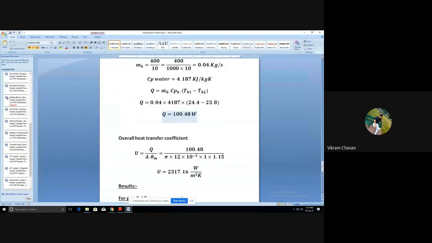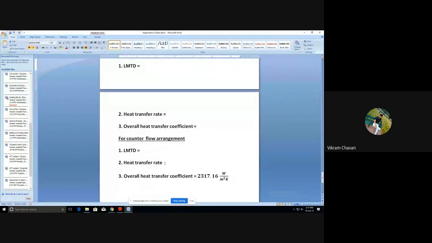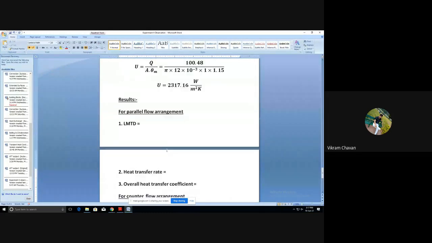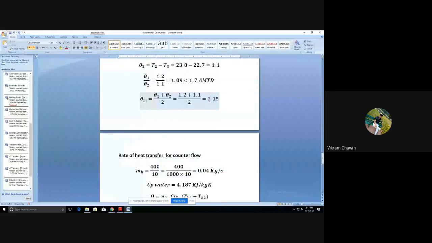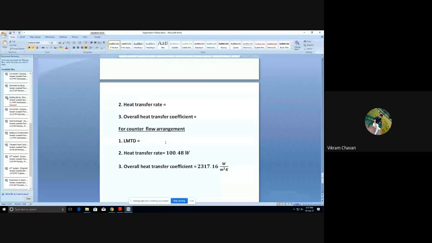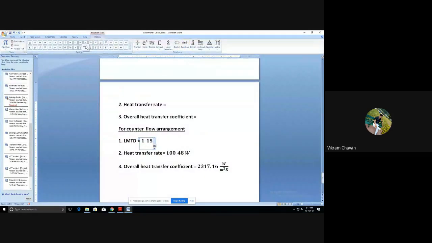Then Q is equal to 100.48, and LMTD is 1.15 degrees Celsius. The unit is degree Celsius.